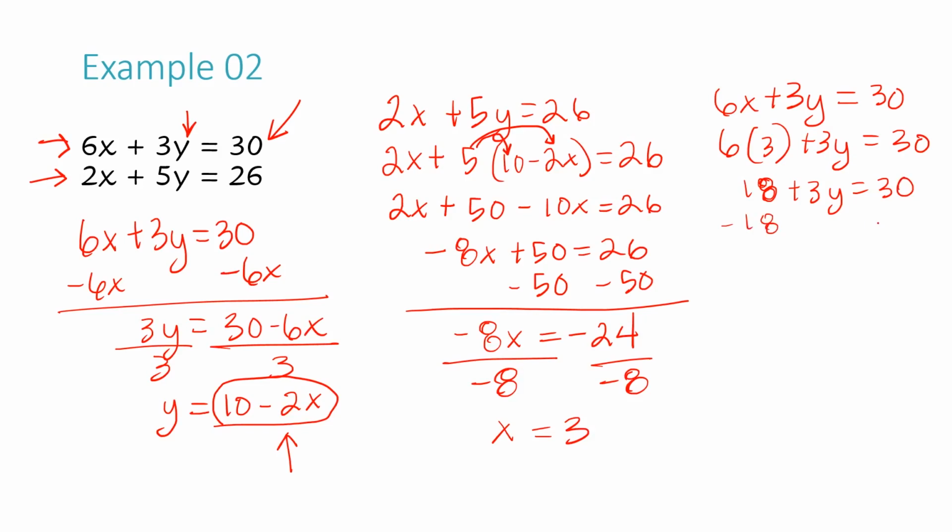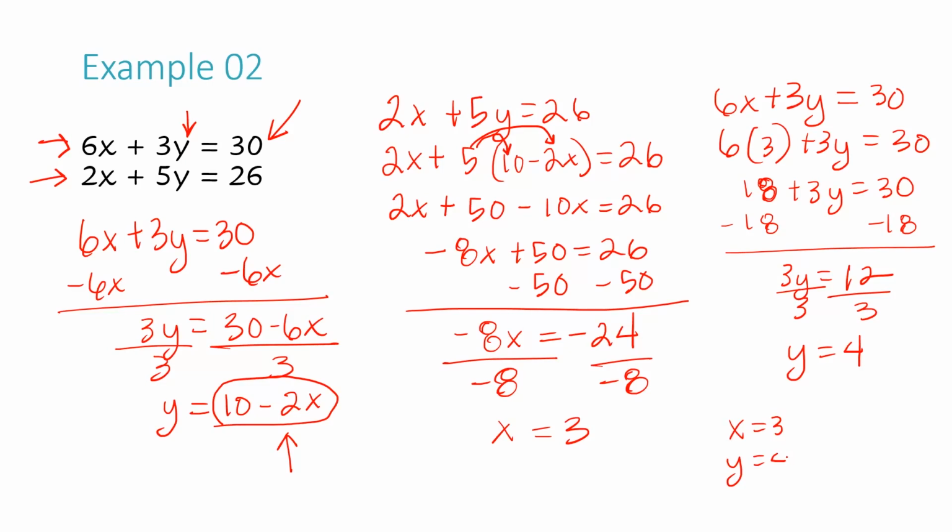Subtract this 18. Now I have 3y equals 12. Divided by 3, y equals 4. Okay, so now I have 2 points. I have x equals 3, and y equals 4. And you could write that as 3, 4.